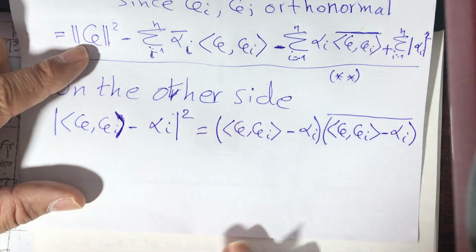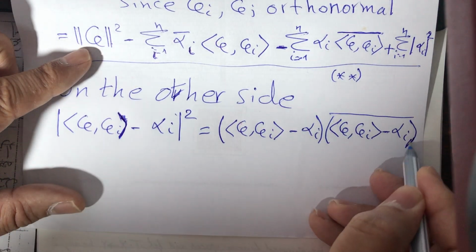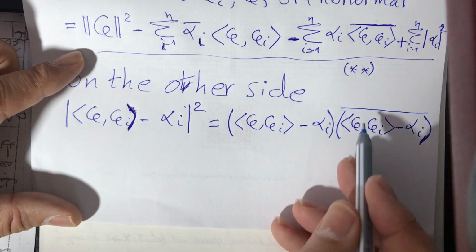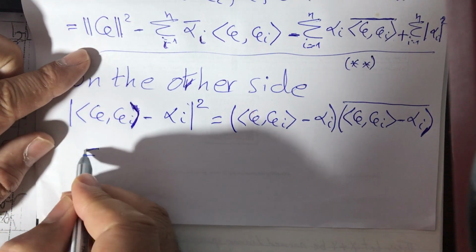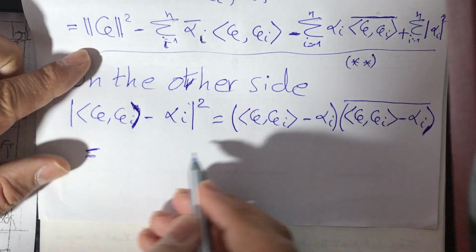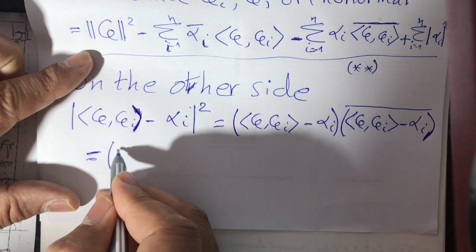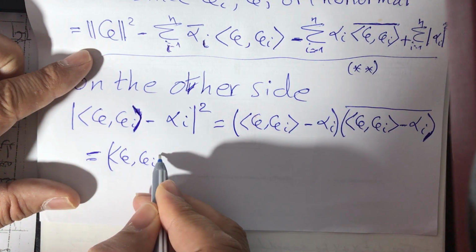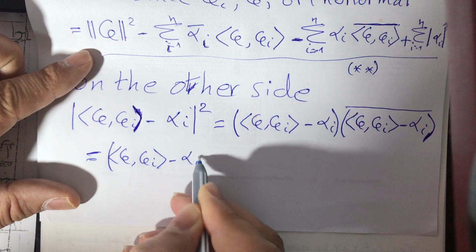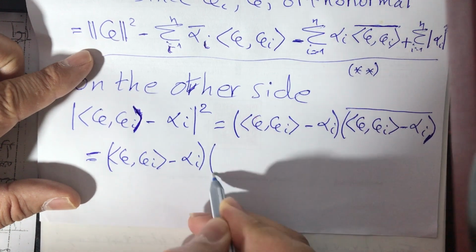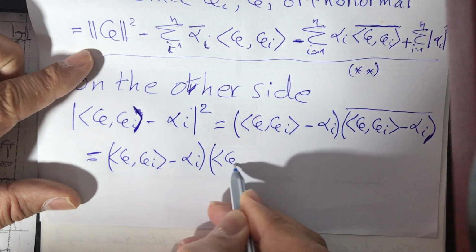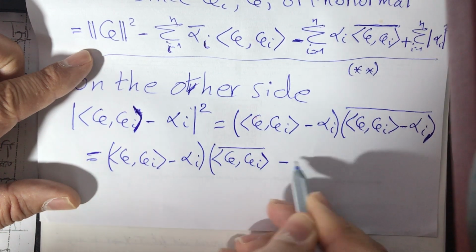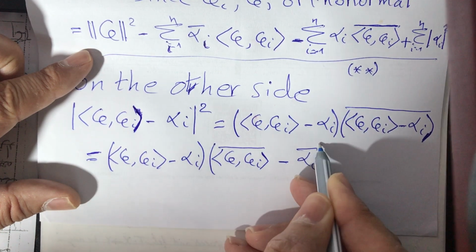This is by definition of complex numbers. And move this to both this and this: phi i minus alpha i, and phi i conjugate minus alpha i conjugate.